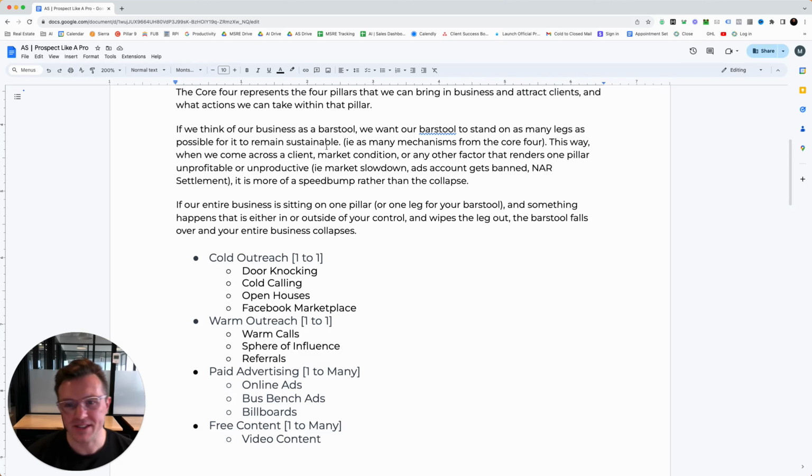But if we think of our business as a bar stool, and we want our bar stool to stand and be as stable as possible, we want it to have as many legs as possible to remain sustainable. These legs represent the number of mechanisms from the Core Four that we use to bring in clients, right?